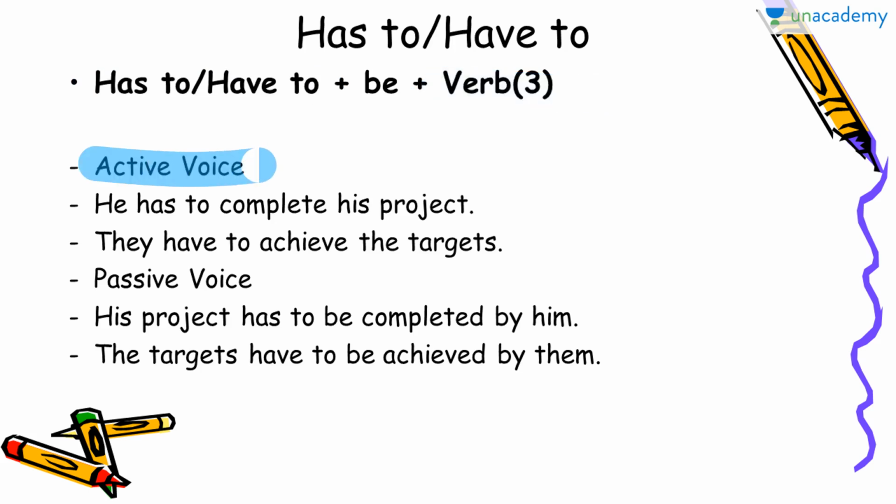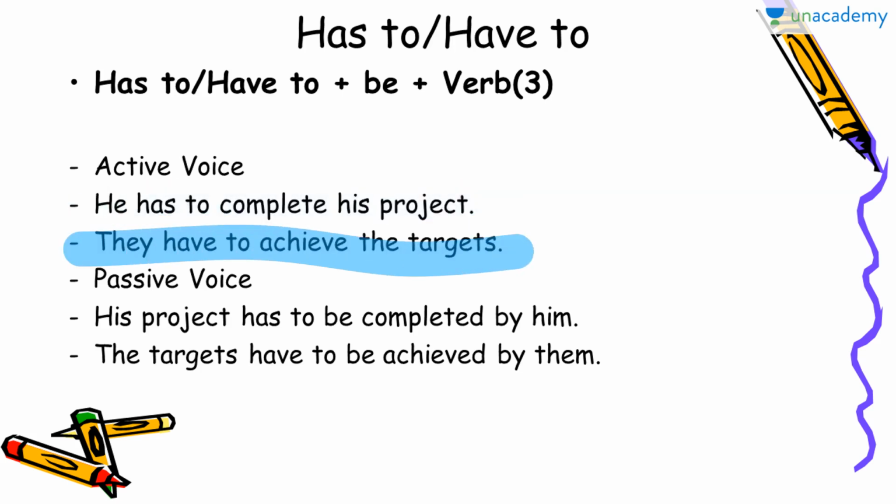In active voice, for example, he has to complete his project. He is the doer over here. They have to achieve the targets. They, again, we have the doer at the start. That is why it's an active voice. Has to because he is singular, have to because they is plural. Complete and achieve are verb first forms, and his project and targets are the objects on which the work is done.